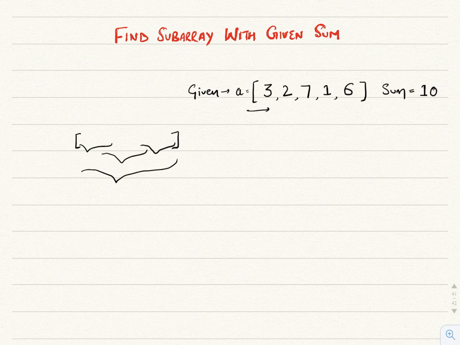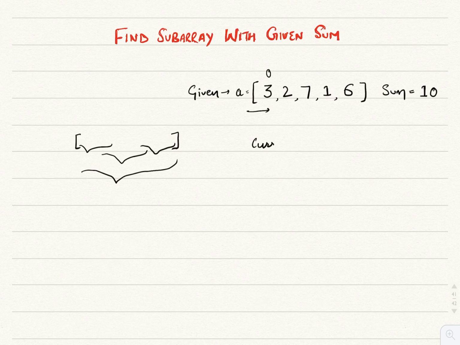So for example, if we are at index 0 of the array and we have a current sum variable, this will hold the sum up to this index, which is only 3. So when we have moved from element 3 to element 2, then the current sum will be 3 plus 2, which is 5.